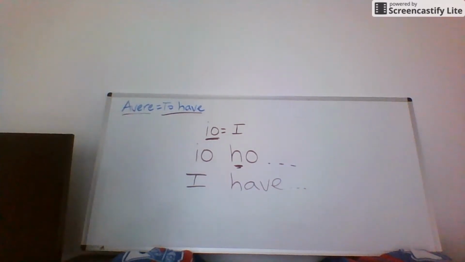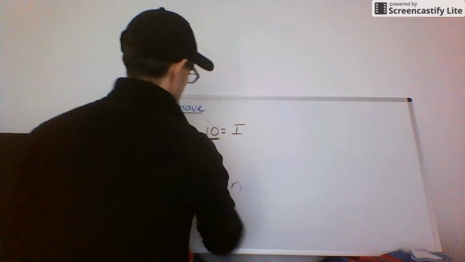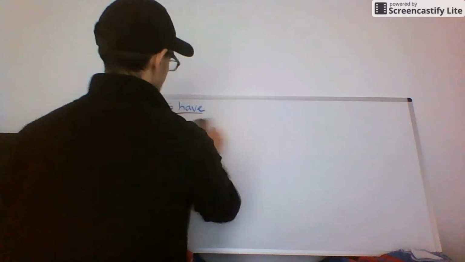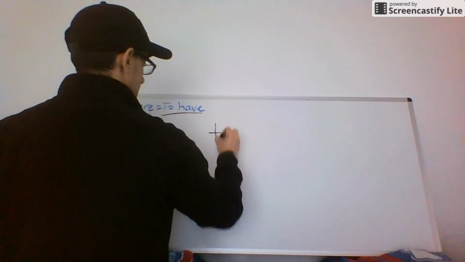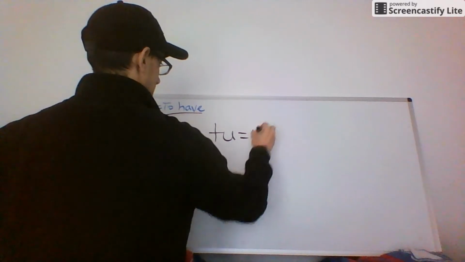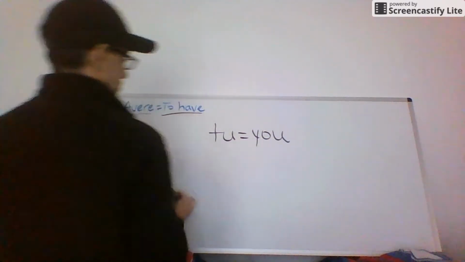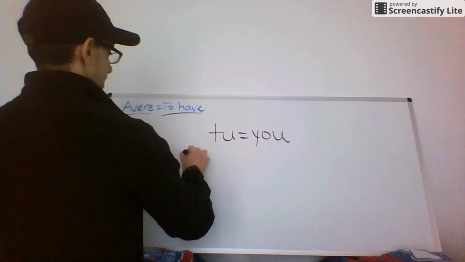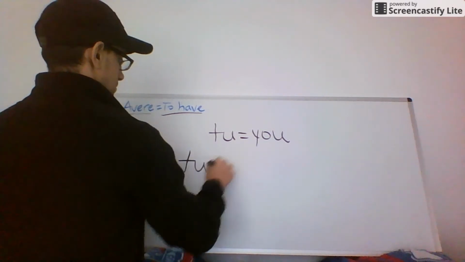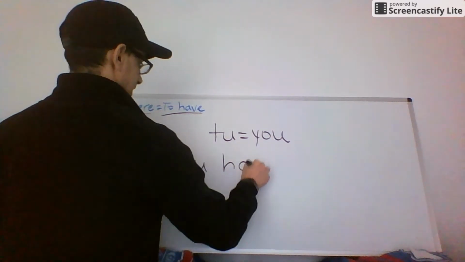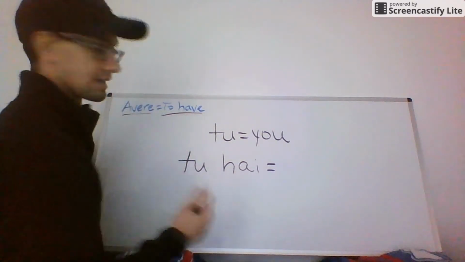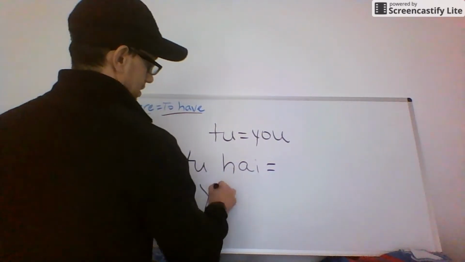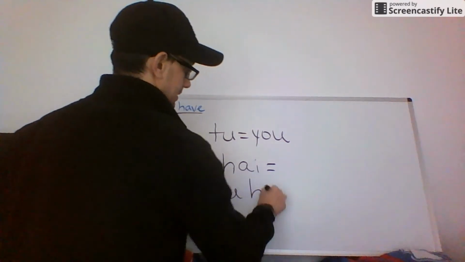Let's move on to our second subject pronoun with the conjugation of avere. You have, tu, equals you. So if you want to say you have, tu hai, and that's you have.